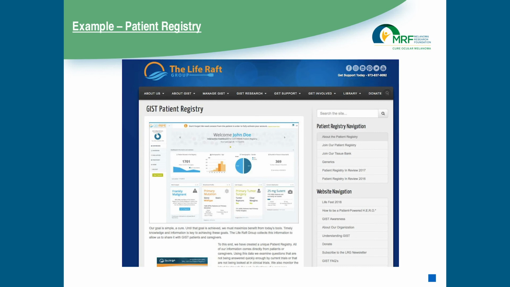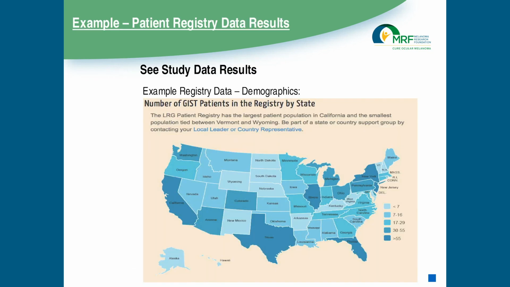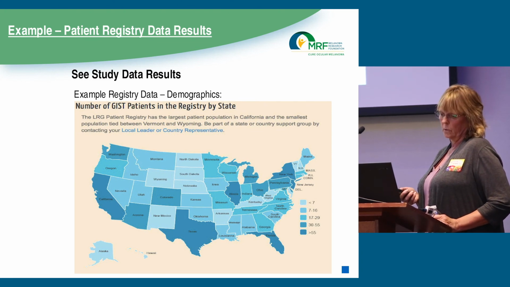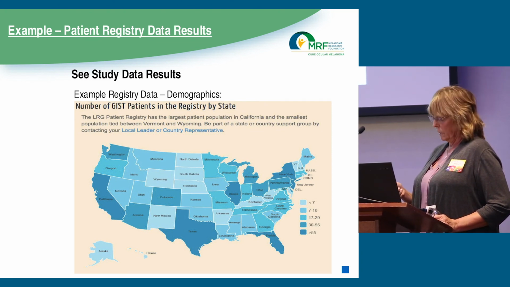This screen's a little small to read, but some of the others, like for example this one, is all the registry data shared. This shows by state how many patients in each state have been diagnosed with the different diseases.